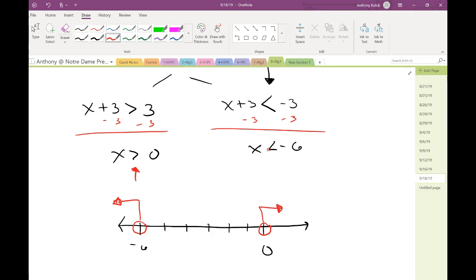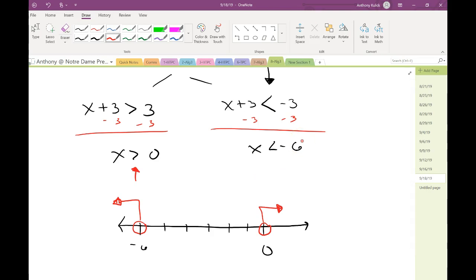Those lie to the left on the number line. Okay. So the open circle means that that value is not included. Negative 6 is not less than negative 6. So that's why we're using an open circle there. Okay?